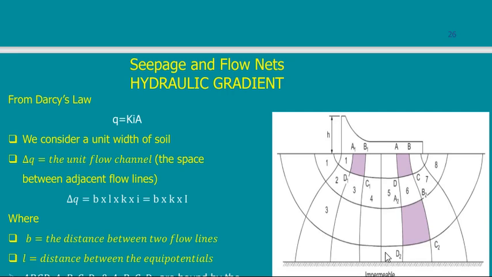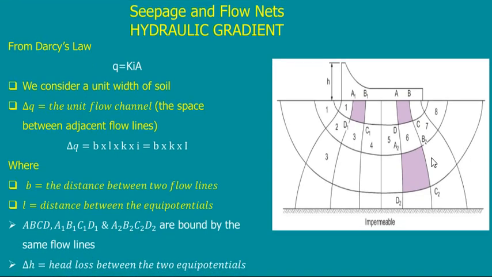So NF by ND is 3.4 divided by 8. If I divide both together, they will give me the value of I. If I multiply it by K, which is given, or I can get it by experiment, and I multiply it by the area, I will get the quantity of water that is seeping below this structure.